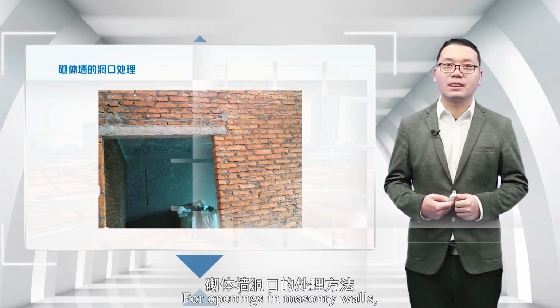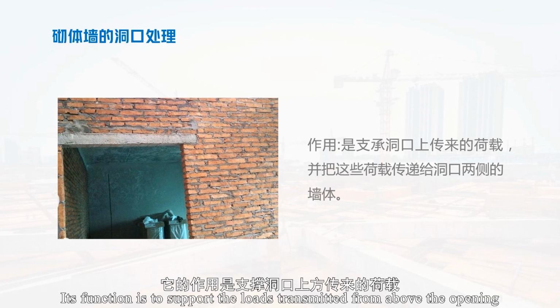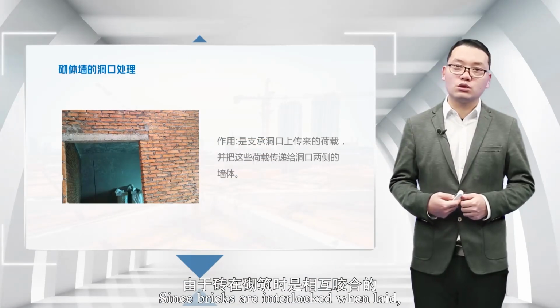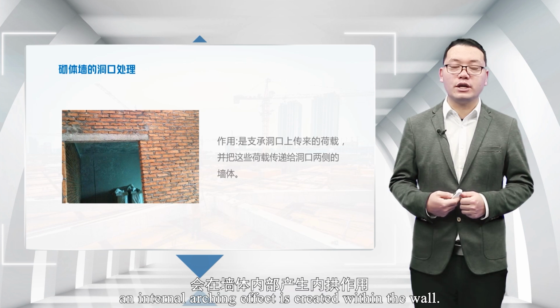For openings in masonry walls, the common treatment method is to install a lintel above the opening. Its function is to support the loads transmitted from above the opening and transfer these loads to the walls on both sides of the opening. Since bricks are interlocked when laid, an internal arching effect is created within the wall.